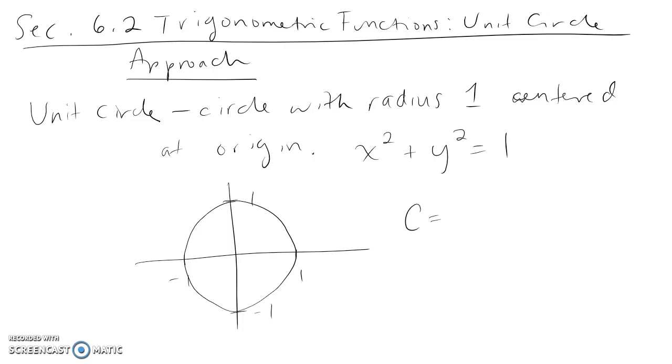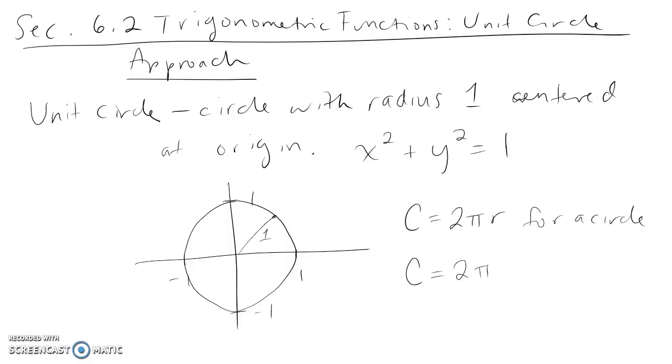Recall that the circumference of any circle is 2 pi r, and the circumference of the unit circle then is just 2 pi, since the radius is 1, right? This radius here is 1.